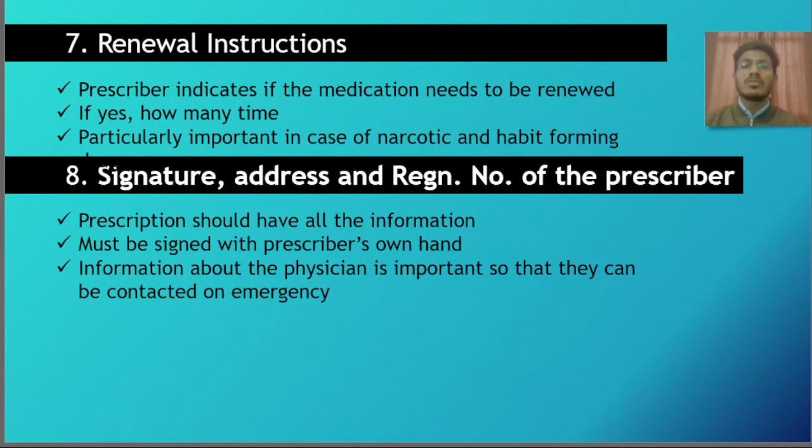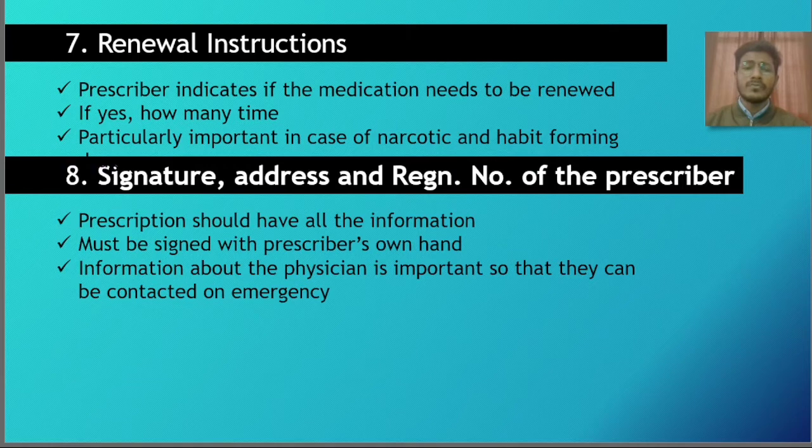If a proper date is not mentioned, they will go and show the same prescription to the pharmacist so that the pharmacist redispenses that medication just to satisfy their addiction. So the renewal instructions can be very important in such cases, so that the pharmacist can refer to them and avoid any misuse by the patient.